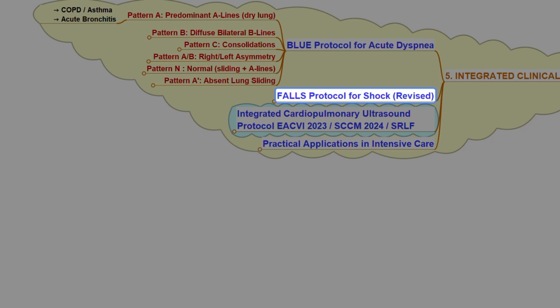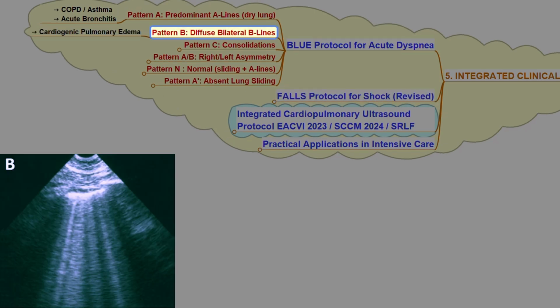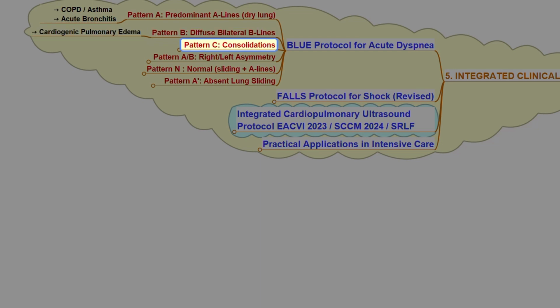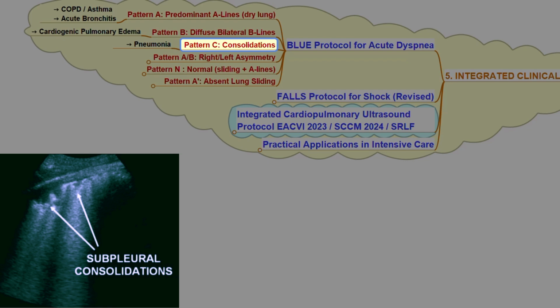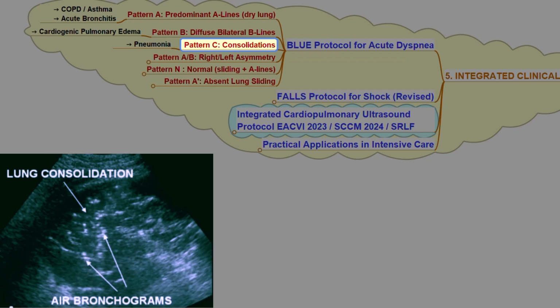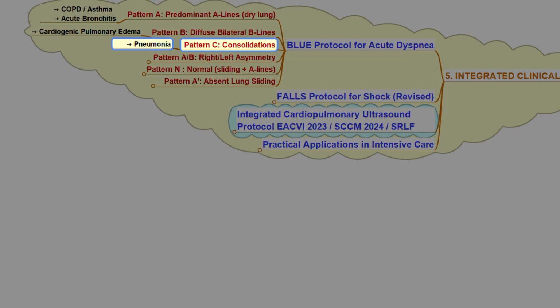Pattern B is multiple diffuse bilateral B lines, interstitial syndrome suggesting cardiogenic pulmonary edema. Then we have pattern C, subpleural consolidations with air bronchograms. This non-aerated lung is suggestive of pneumonia.